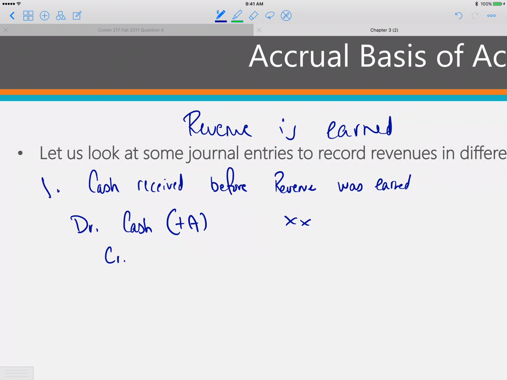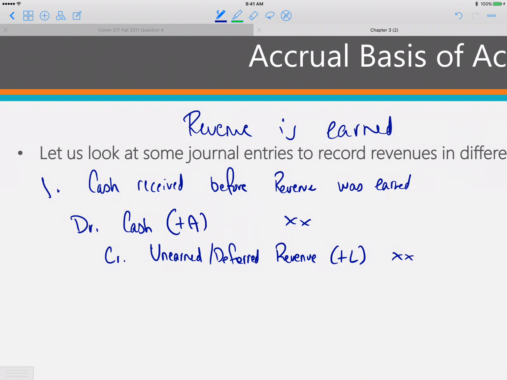So in a sense, if we've received cash and we haven't provided the good or service yet, we owe the customer a good or service or that cash. So it actually creates a liability for the company. So we would create a liability account, unearned or deferred. You could write deferred also. Revenue. And this is an increase to liabilities.